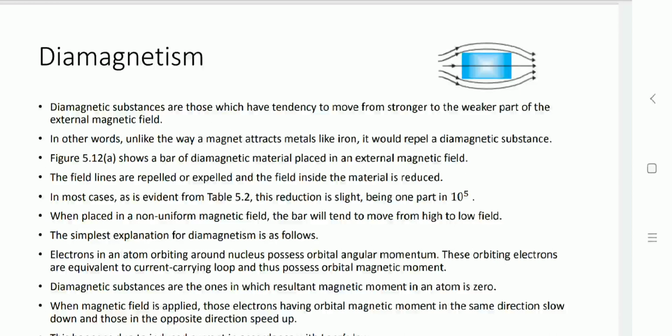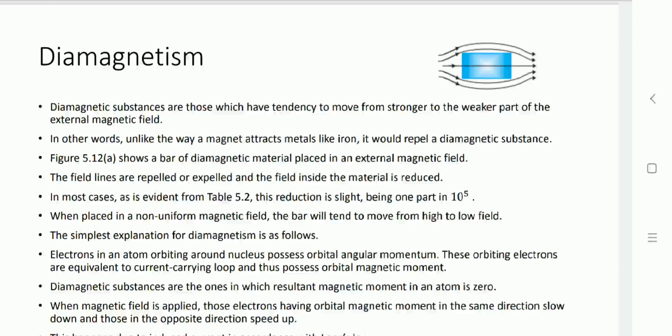Here, as shown in the diagram, a material is placed in an external magnetic field. The field lines are repelled, and inside the material a very small magnetic field flows through it, and the remaining magnetic field moves around its outer surface.